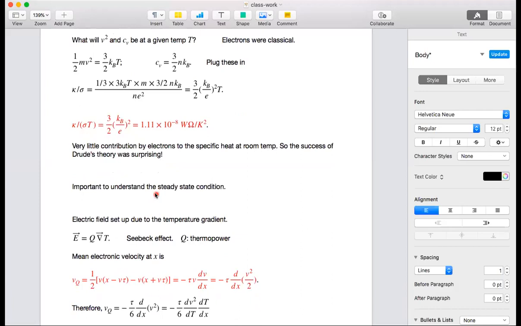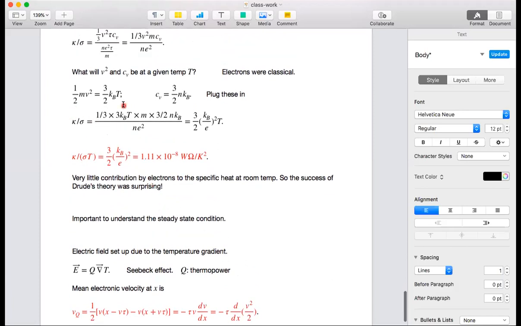Number two, after the quantum theory was worked out, it was also realized, as I mentioned in the last lecture, that the velocity Drude estimated from the classical equipartition theorem is way too small. So his estimate of C_V was too large, his estimate of v was too small, and they were large and small by the same orders of magnitude. Therefore, there was this accidental cancellation, which led to a striking agreement with the experimental results for kappa over sigma.